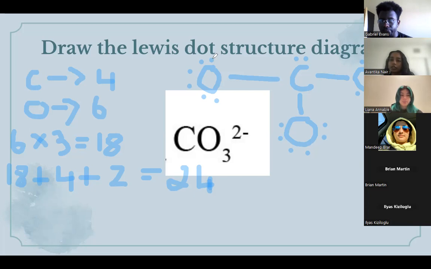So we want to make sure that all of them have 8 to be happy. So 2, 4, 6, 8, and then times 3. Yes, one line does mean that 2 electrons are being shared. So 2, 4, 6, 8, right? And then all of these have 18. So are we over electrons or do we have the right amount? Because we know there's 24 in total.